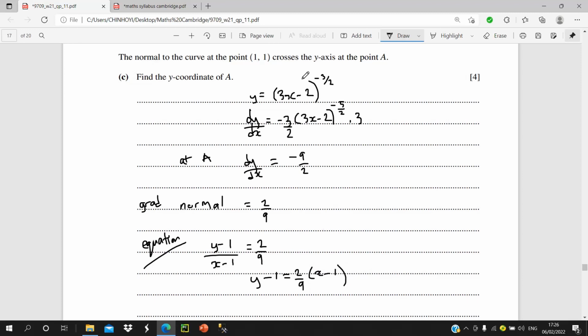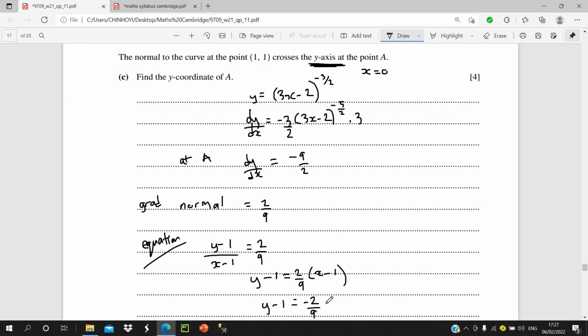So the y coordinate where it crosses the y-axis. On the y-axis, the value of x is 0. So where there is x, let's put 0. So y minus 1 is equal to 0 minus 1, which is minus 1, so it's minus 2/9.